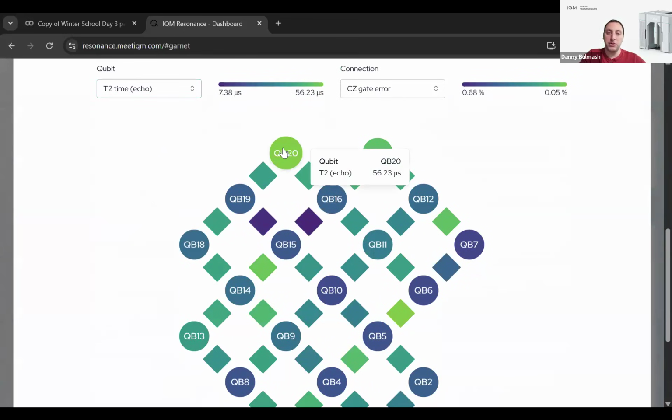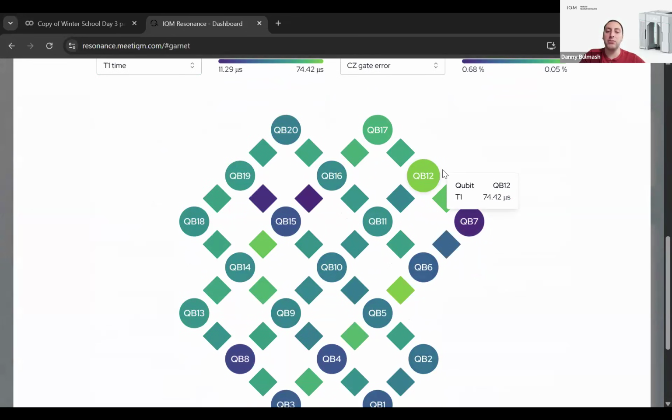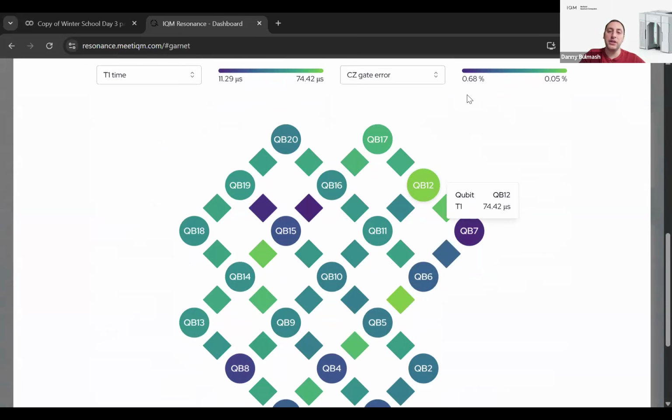For example, qubit 20 doesn't have much noise according to this measure, whereas it has a little bit more according to this measure. But in general, we're going to want to try to run our programs on qubits that don't have much noise and using couplers that don't have too much noise either.